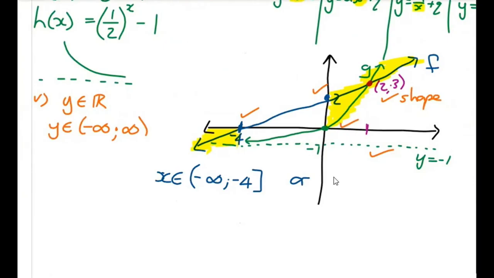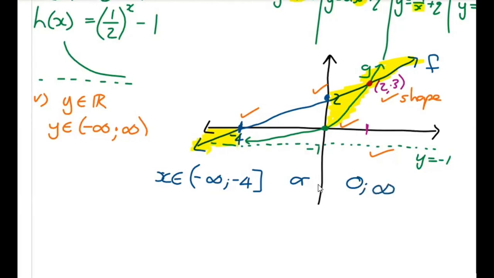Or the second section. What is the smallest x value for that second section that I've highlighted? And then what is the biggest x value for that second section? Yes, Nazar. Yes, Faith. Yes, Emma. Brilliant.